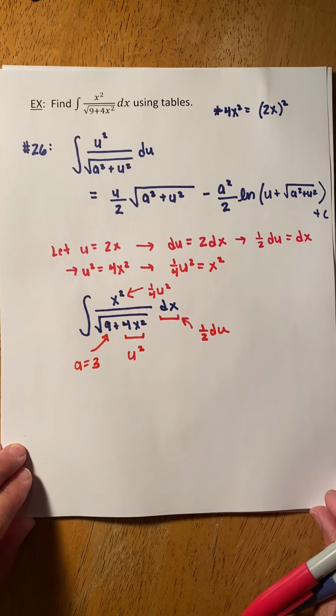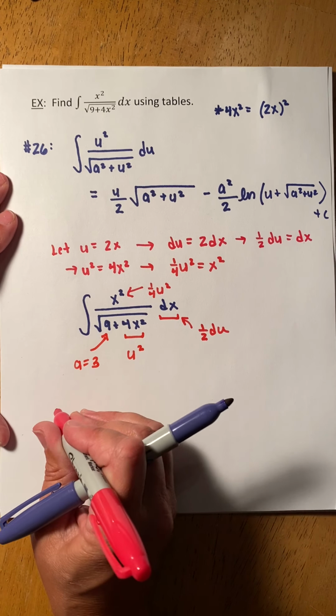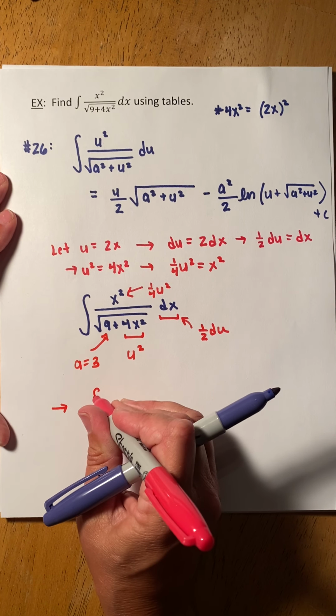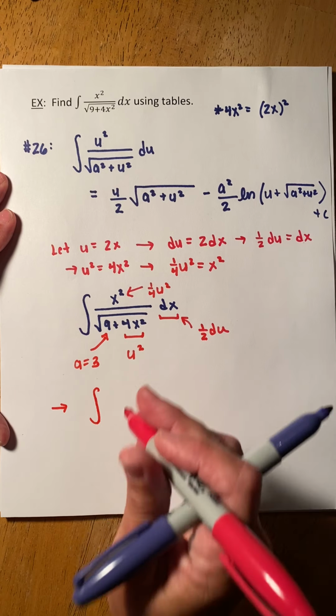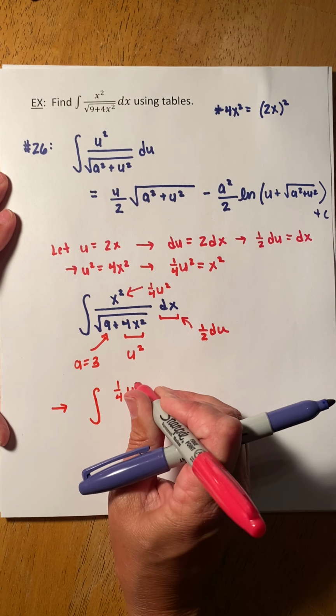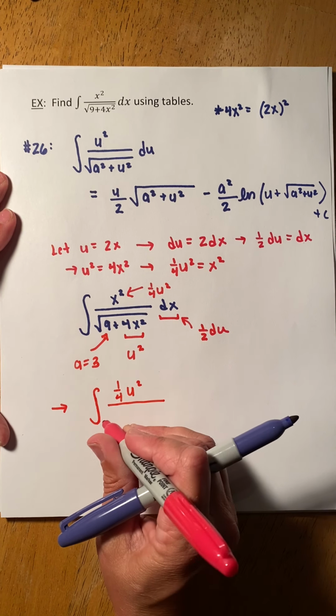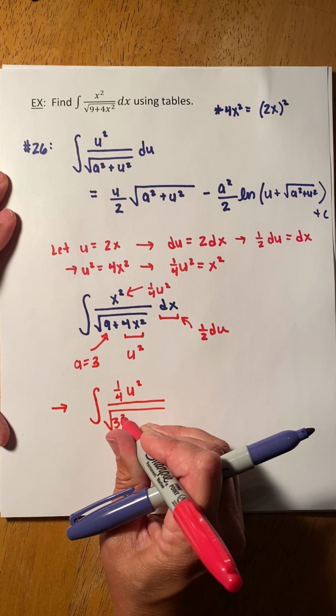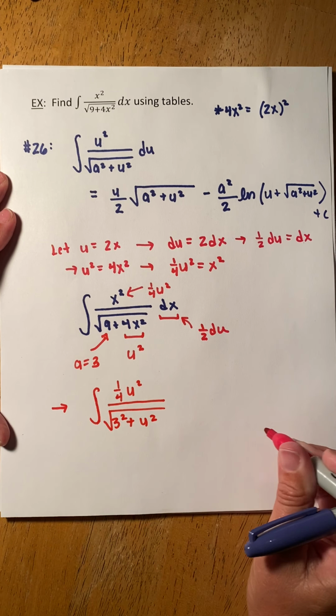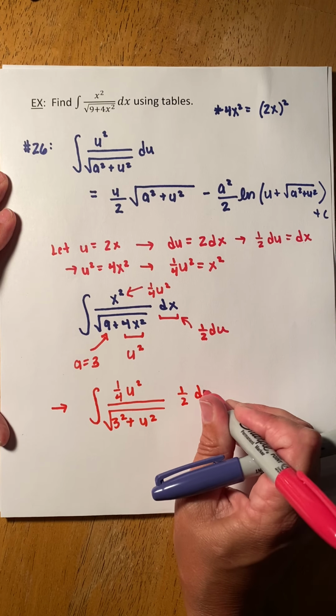Phew. All right, so now let's rewrite this integral. I'm integrating 1/4 u squared all over the square root of, I'll just write this as 3 squared plus u squared, times 1/2 du.